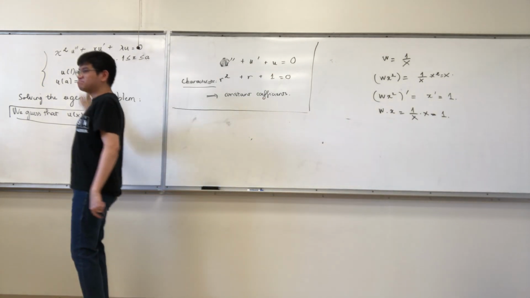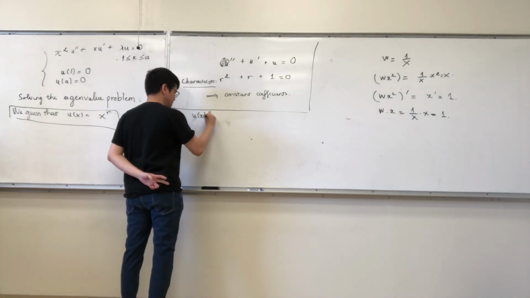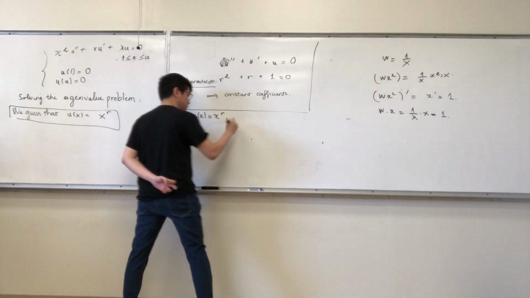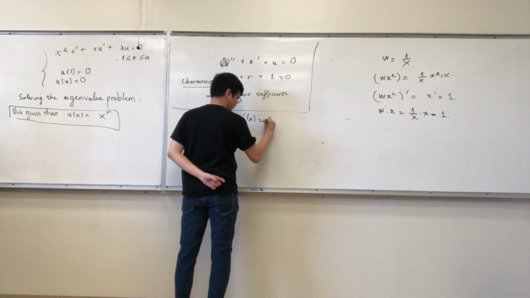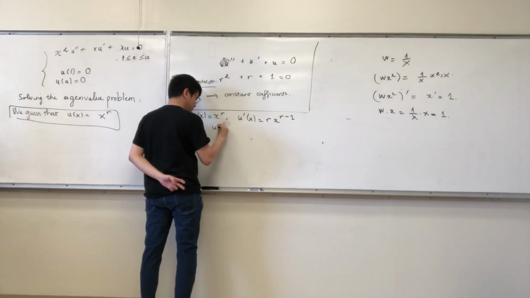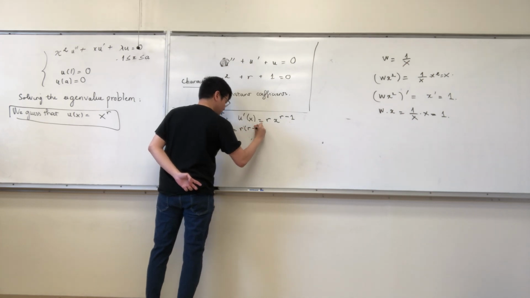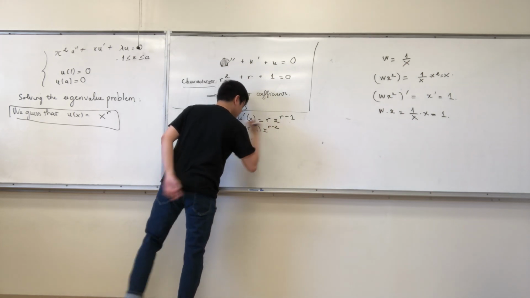And we plug this back into the equation, right? So u of x is x to the r, which means that u prime of x will be r x to the r minus 1. And u second of x will be r times r minus 1 times x to the r minus 2.